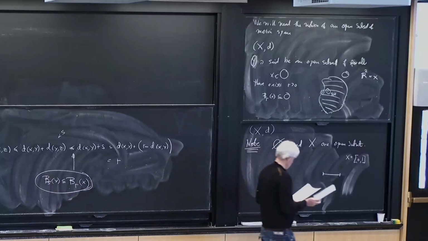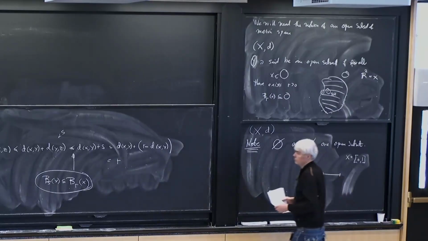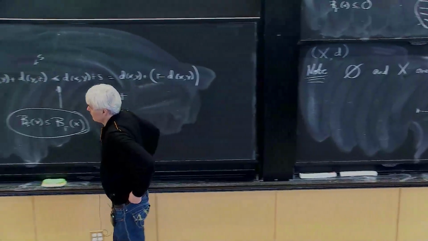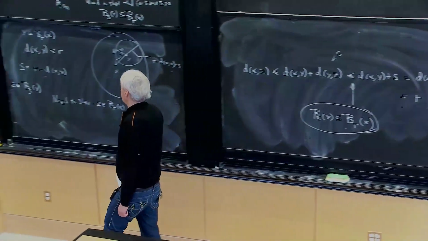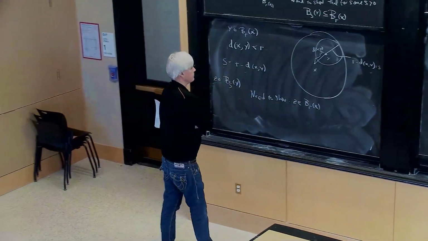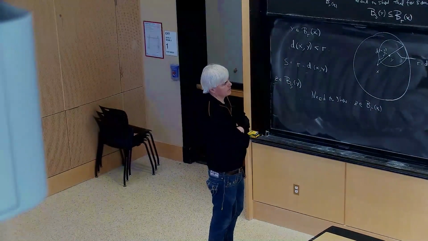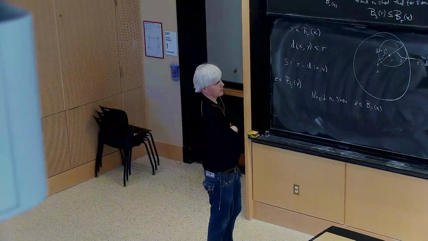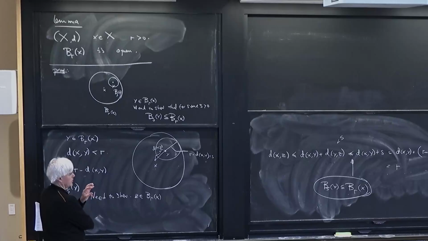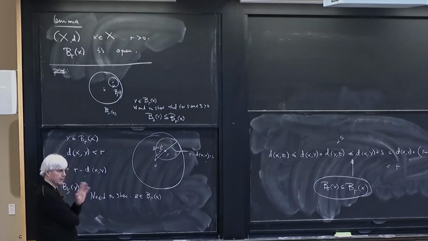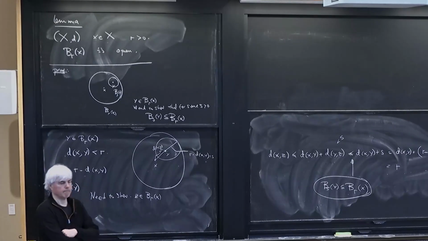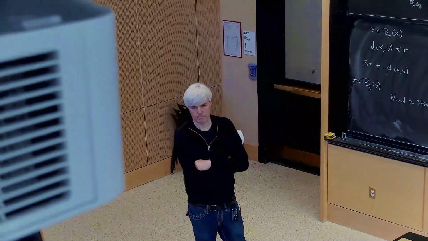Okay, so this immediately gives you a lot of examples of open subsets of a general metric space. And if we had looked at exactly the same stuff with tubular neighborhoods, we would find that those are also open subsets. Are we also going to look at closed subsets, or do those have any value?